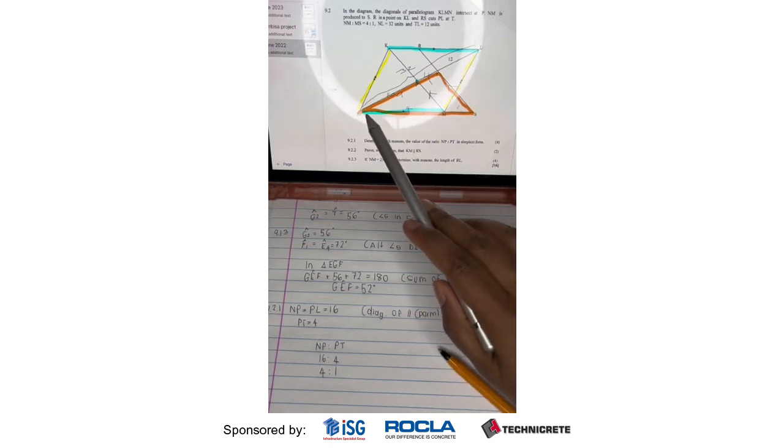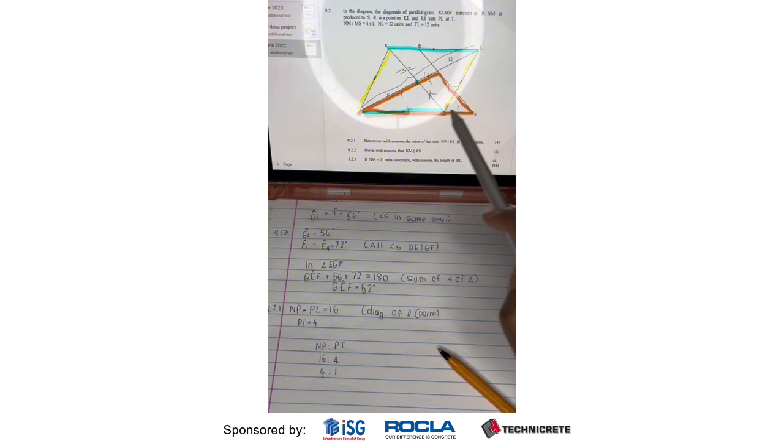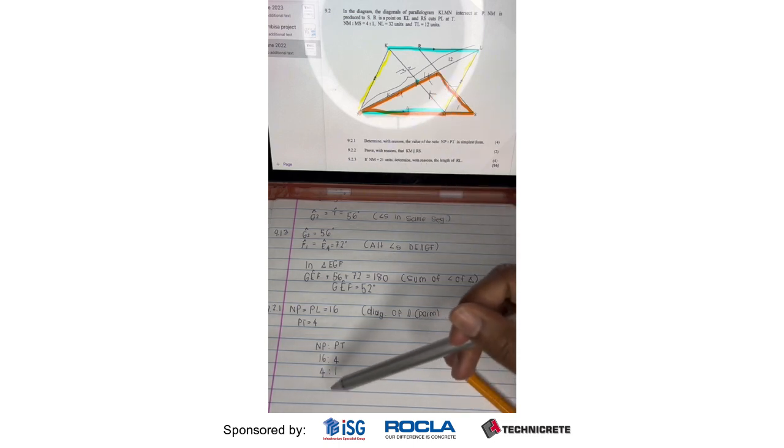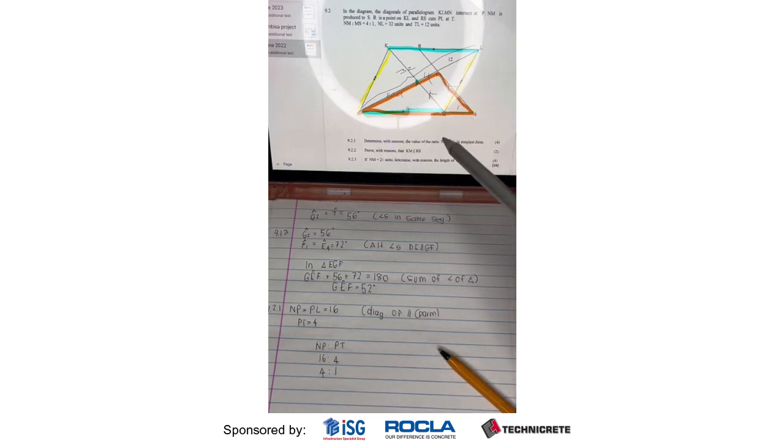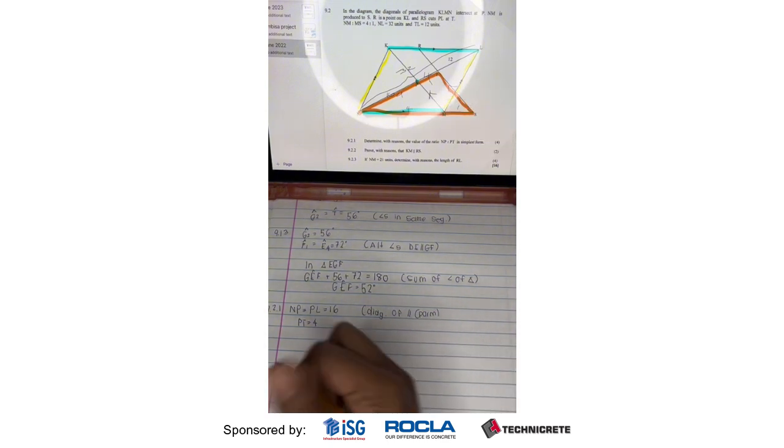So I said I know that NM to MS is 4 to 1. And looking at this diagram shape, this was 16 to 4, and the simplest ratio which we just found is 4 to 1. Therefore, it is in the same proportion on both sides. And if we think about our proportion theorem, the converse would be, therefore, because they are proportionate, these lines are parallel to one another.